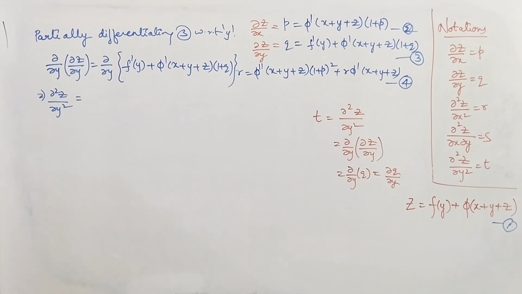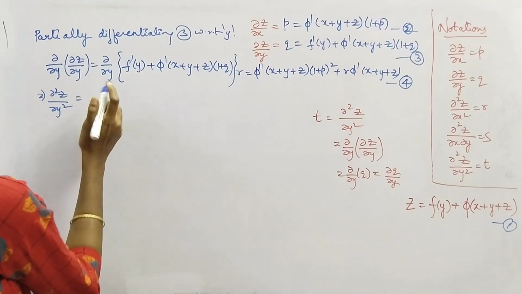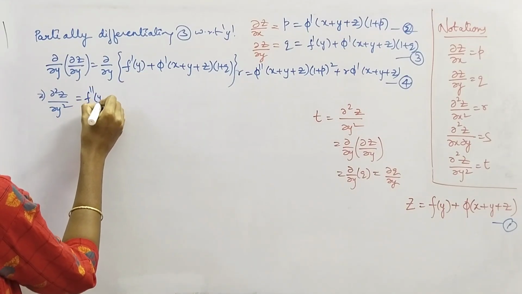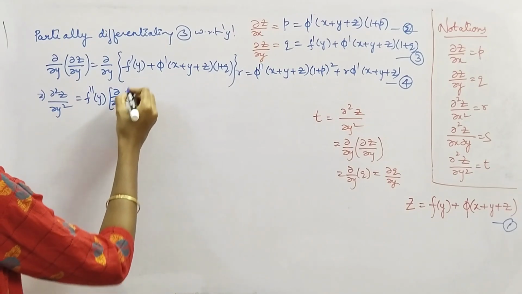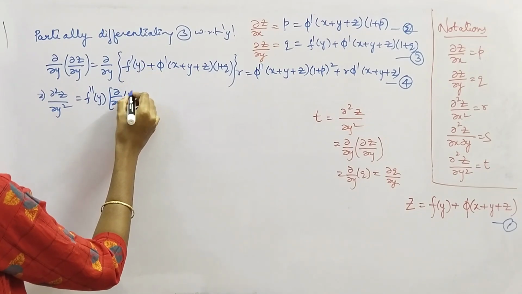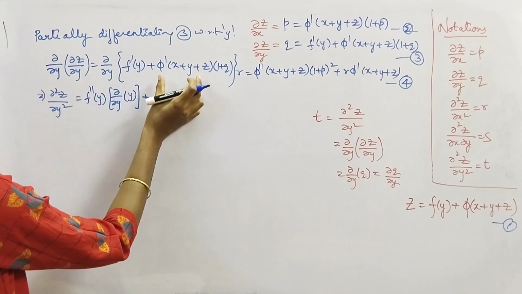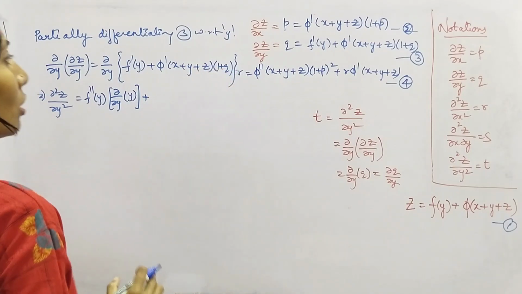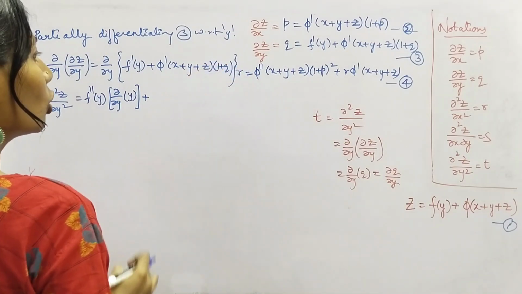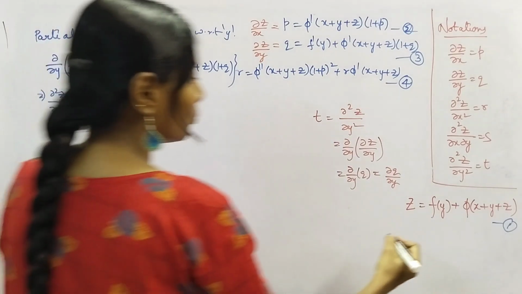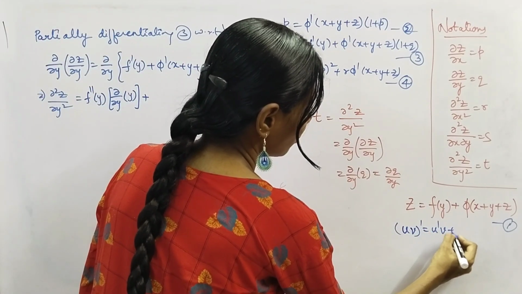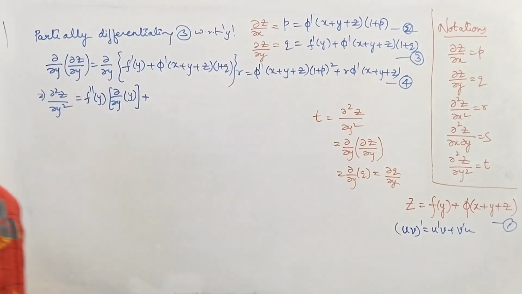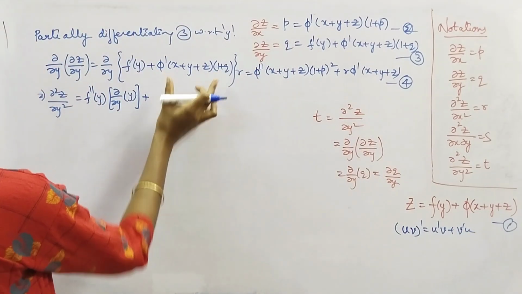Now, the partial derivative of f'(y) with respect to y is f''(y) into the inner derivative ∂y/∂y, plus the partial derivative. Here you have two terms, right? So we'll apply the (uv)' formula. We know that (uv)' equals u'v + v'u. Just apply this formula to this term.